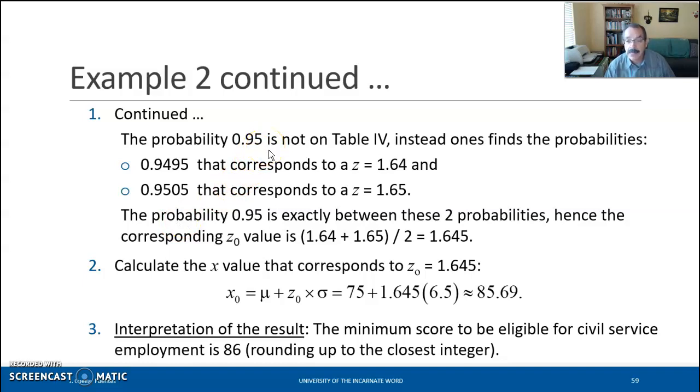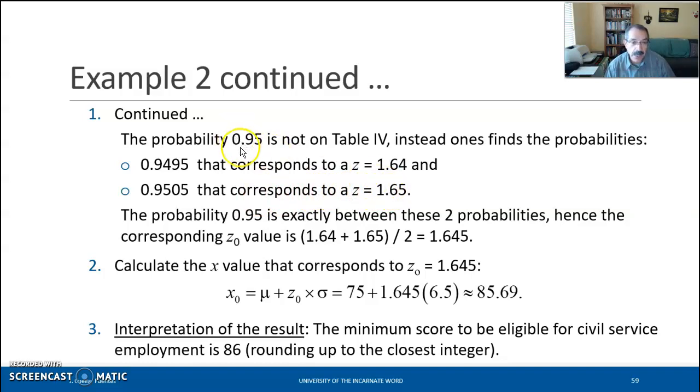The closest value is 0.9495, which is 0.0005 units below it, and that corresponds to a z of 1.64. The other closest value to 0.95 is above it, 0.9505, which is 0.0005 units above it, and that corresponds to a z-value of 1.65.